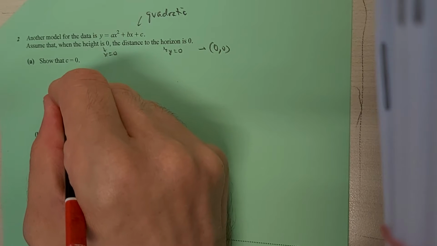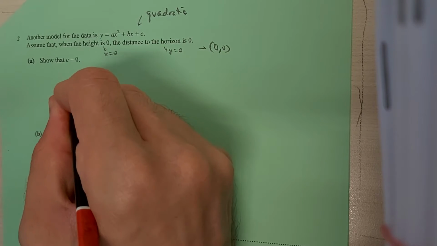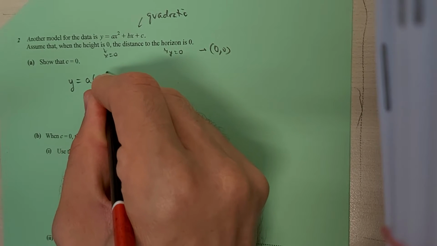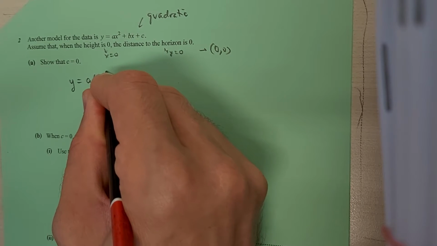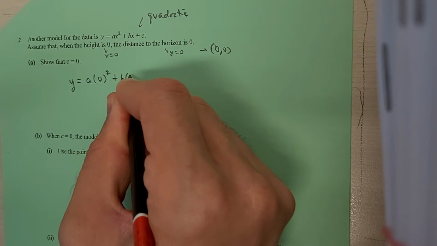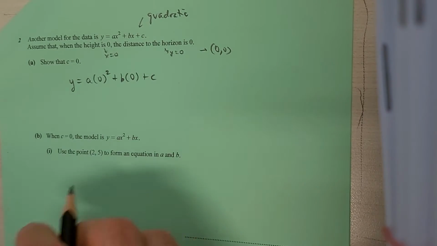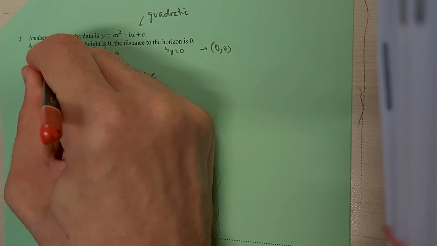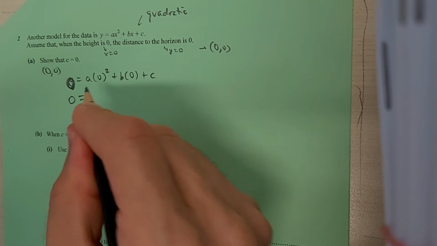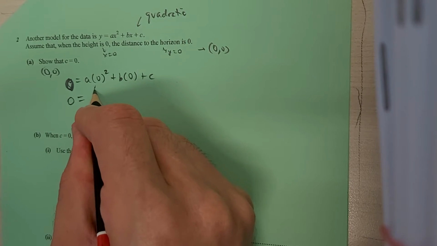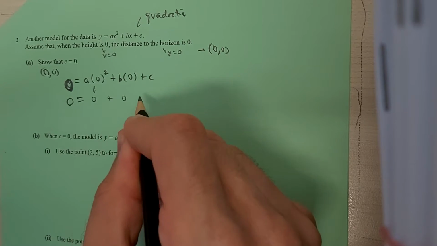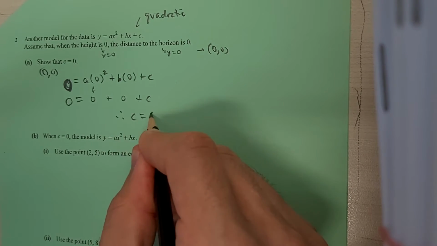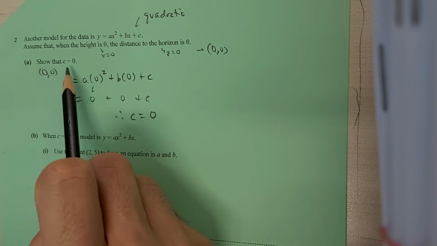So if I'm going to assume that, then I'm going to substitute 0 for x and substitute 0 for y, because I'm going to substitute the point 0, 0 into the equation. And this gives me 0, this gives me 0, and this gives me c. So therefore c equals 0. You see how it says show that?